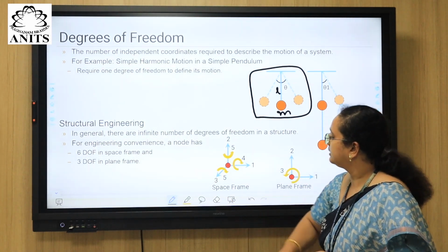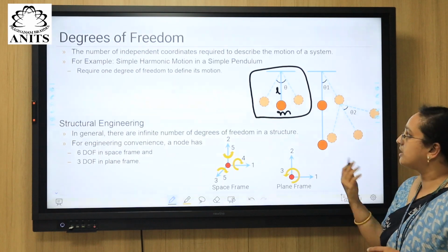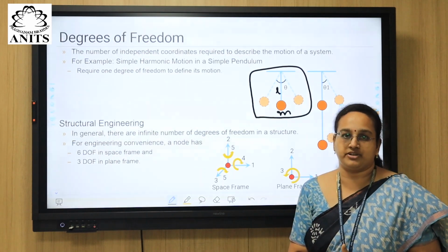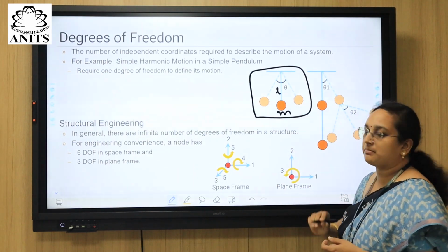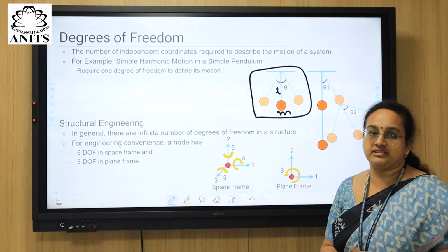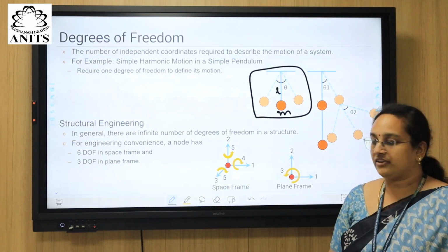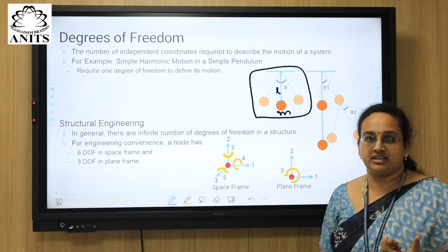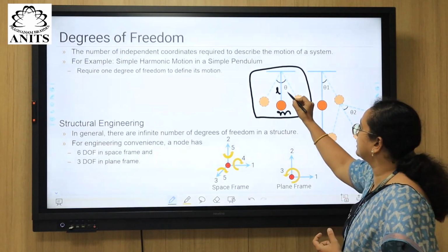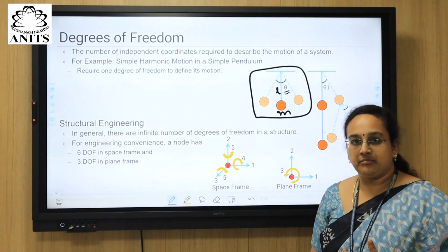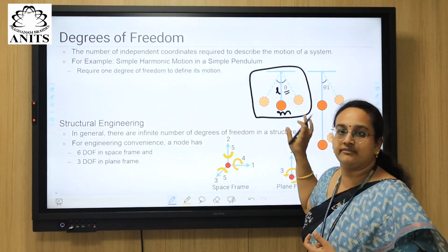In that case, how are we going to define the vibration? To define a simple pendulum, the only thing that we have to define is where the mass is present, the location of the mass, right? So what is the parameter that we can define? You can clearly see here, it is theta, right? So if you have theta, that means you can define the situation of the pendulum.